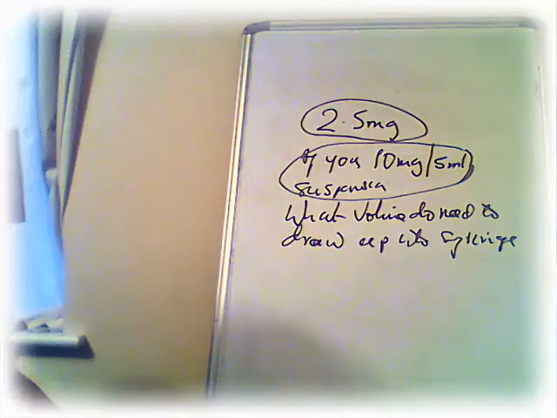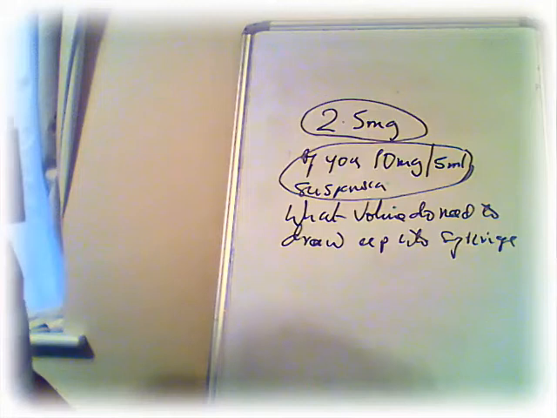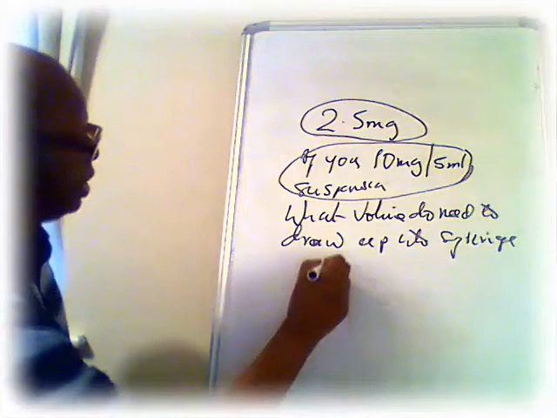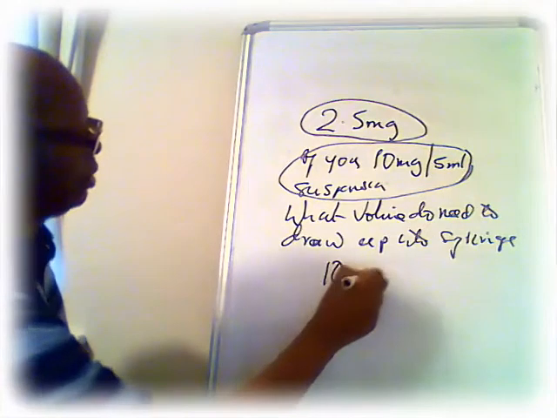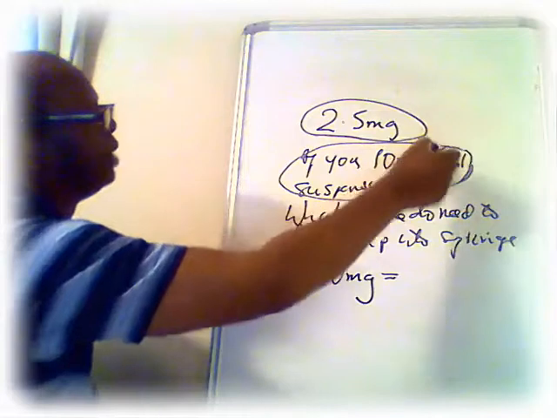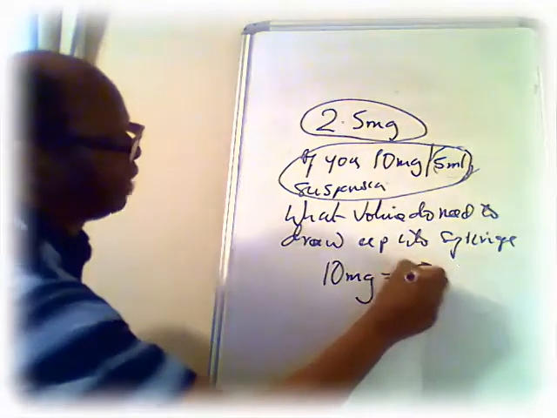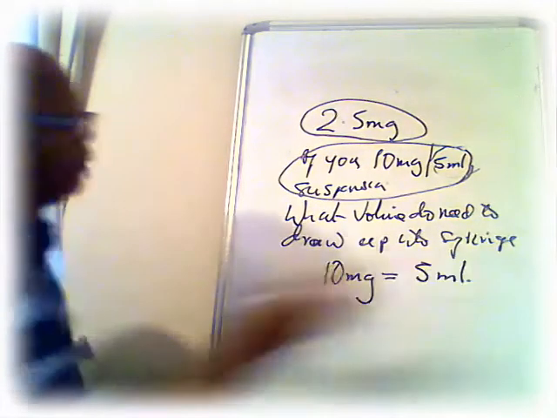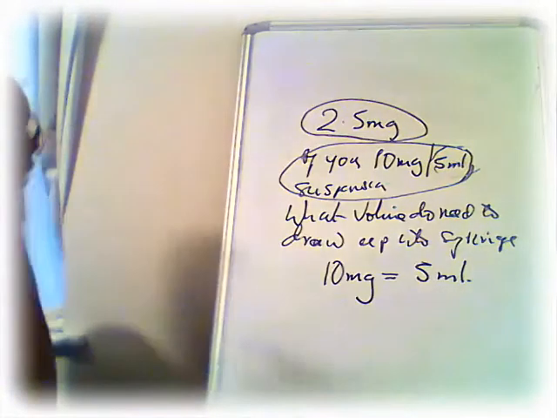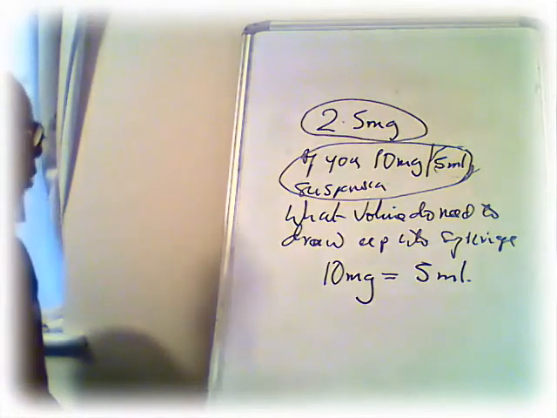Okay? Again, the maths you did in GCSE, we need to look at this one here. So what we know is 10 milligrams is equal to 5 mil. So my interest is to find what would be 1 milligram. How many mils will be 1 milligram?